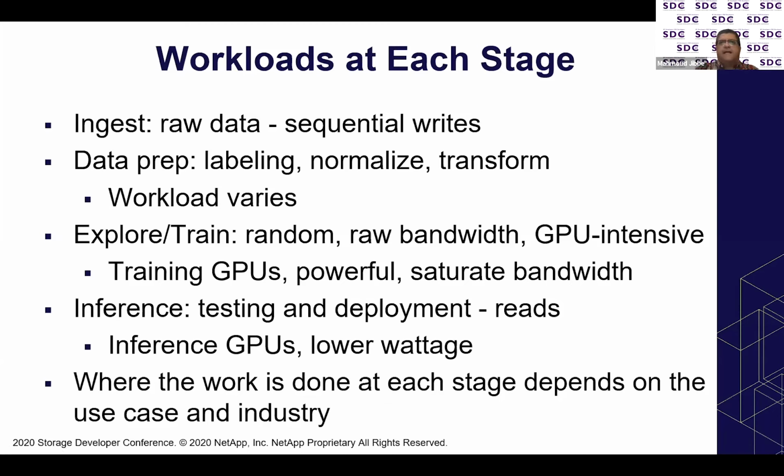When you prep that data, you put labeling on it, associate it with pictures, normalize it, and transform it, and the workloads vary. So when you do the explore and training, you have random, raw bandwidth and GPU-intensive work. Those training GPUs can be powerful and able to saturate or accommodate all the bandwidth that you need. Also for inference, we have testing and deployment for read. We have inference GPUs with lower wattage, which means lower cost.